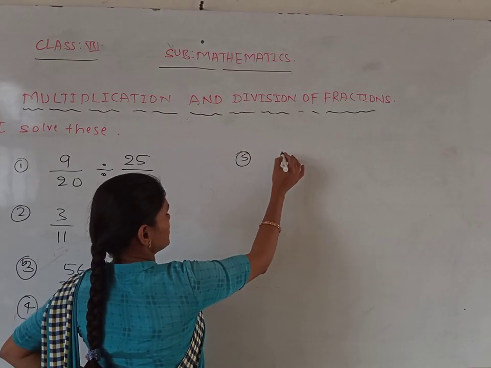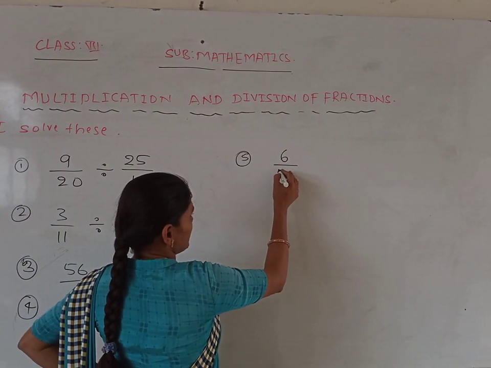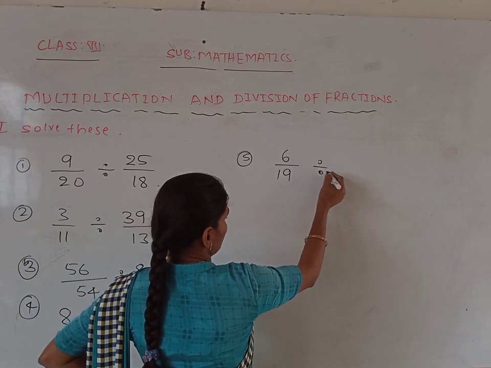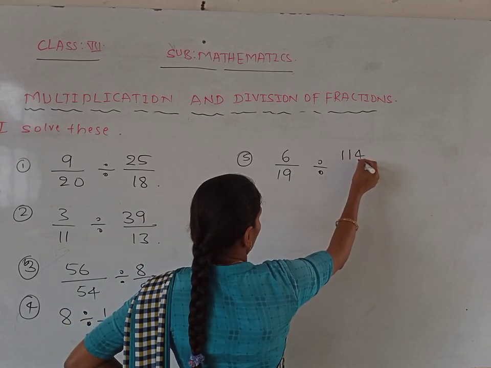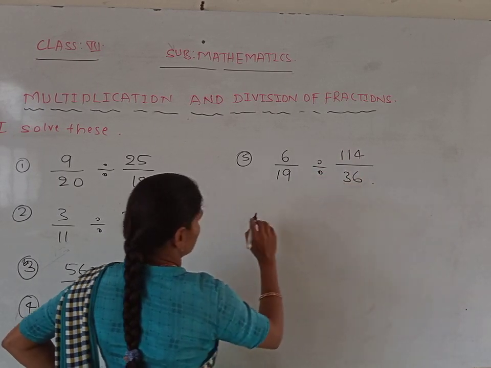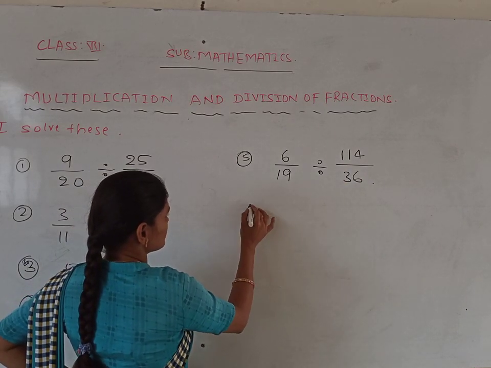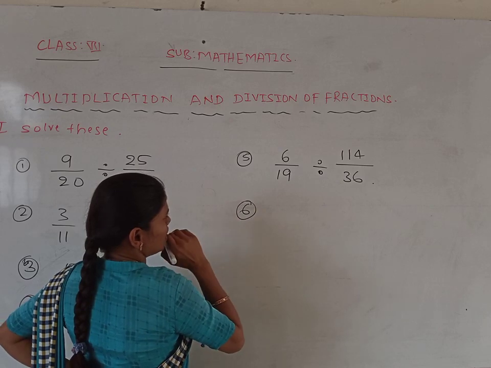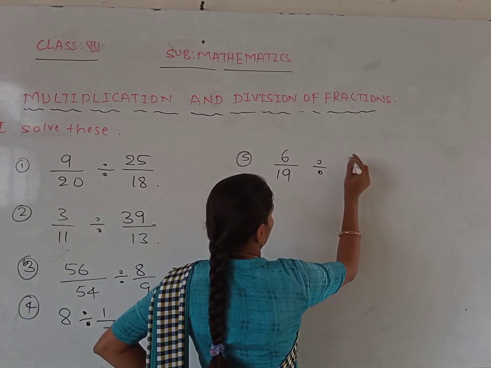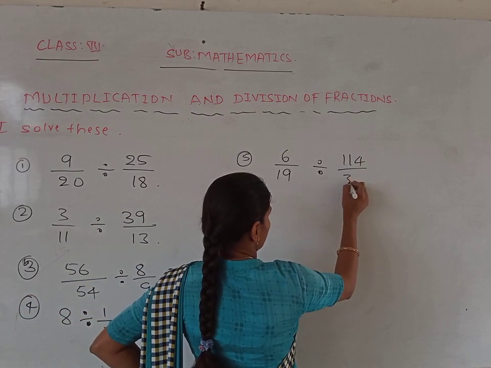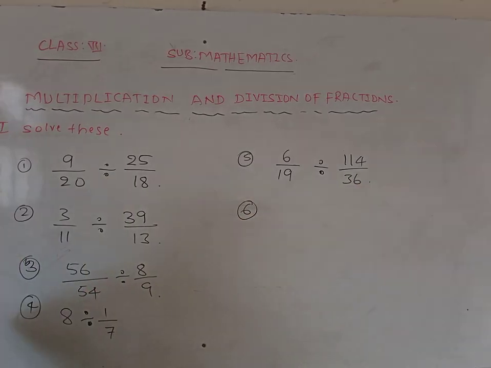Next, fifth one, 6 divided by 19, whole divided by 114 by 36. No issue. Calculate.